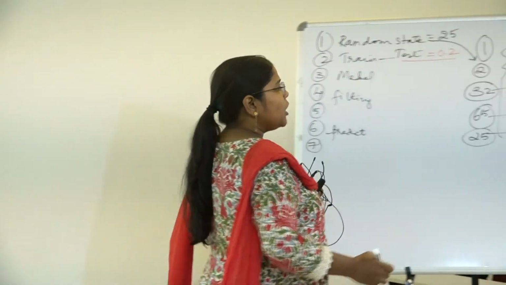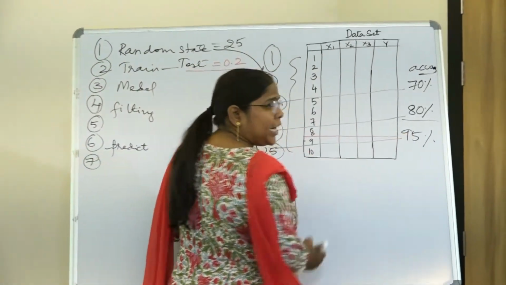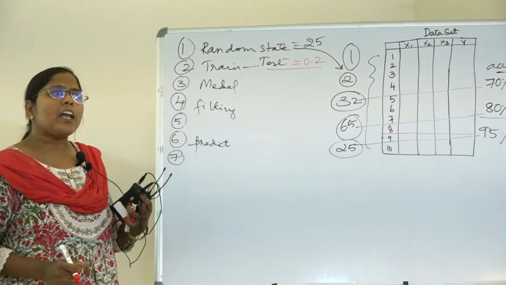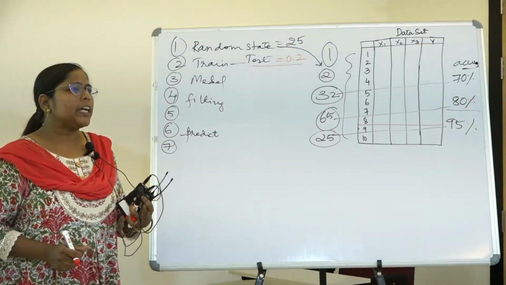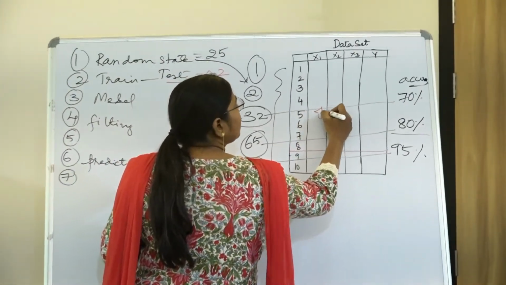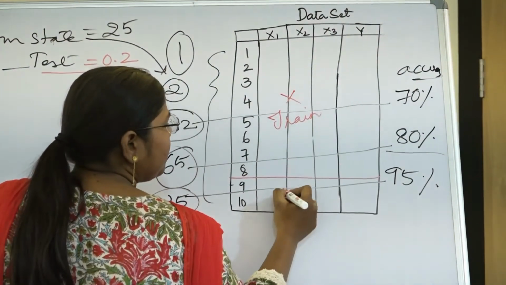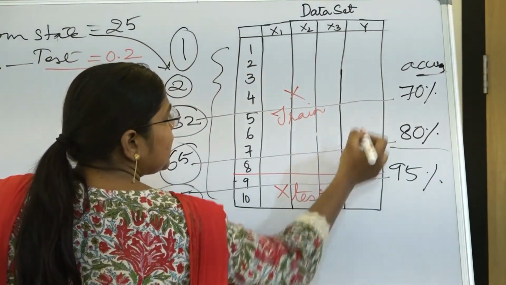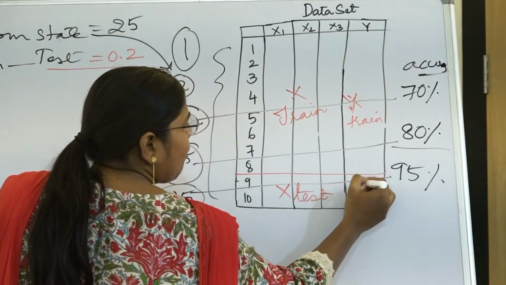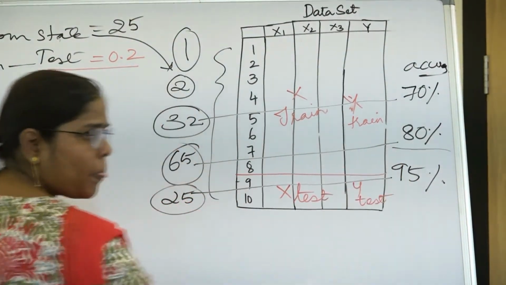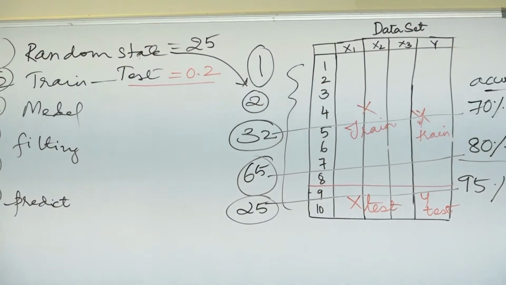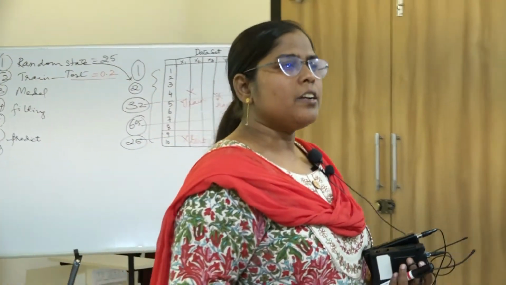So, 8 are our training data set and 2 are our test data set. This is our X train, this is our X test, and this is our Y train and this is our Y test.